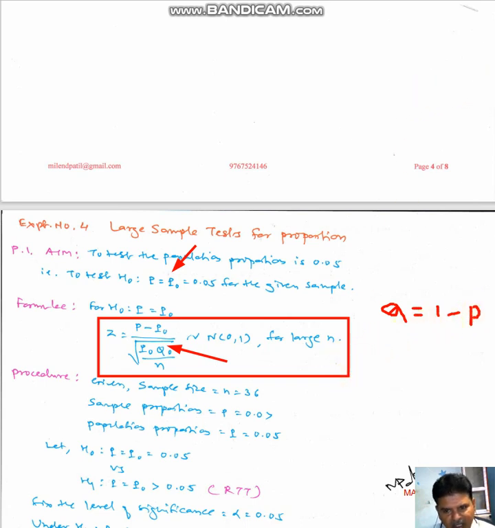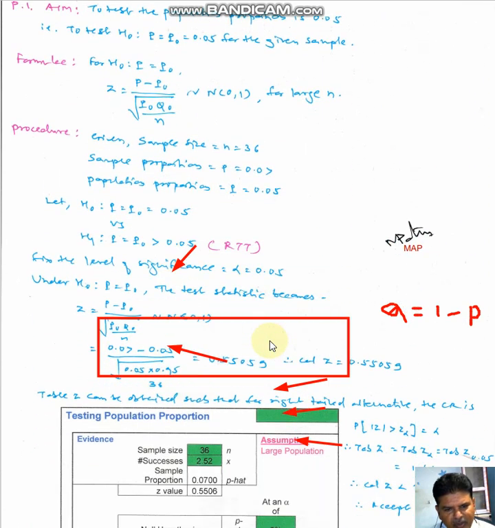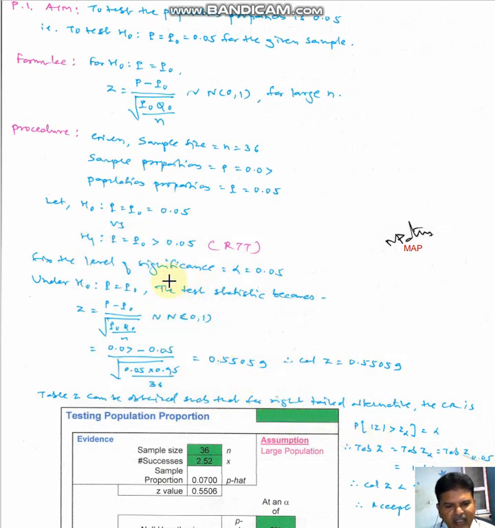What is the procedure? The sample size is known, the sample proportion is known, and the population proportion is known. Then the procedure starts by taking the H naught value as 0.05 and then finding the alternative hypothesis, which is known to us.